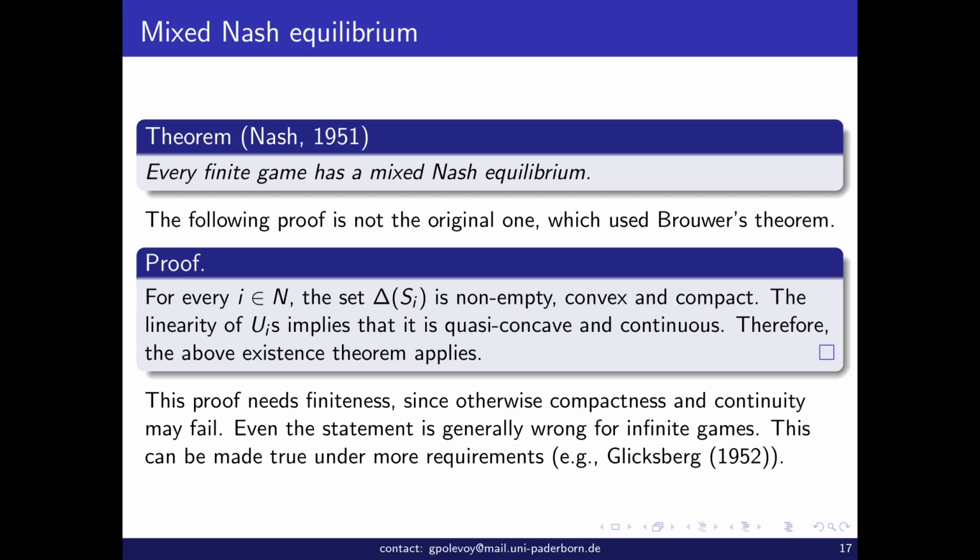The linearity of utilities implies it's quasi-concave, and it's also continuous. Again, here for continuity we need the finiteness. And therefore, the existence theorem we proved based on Kakutani's theorem proves the existence.